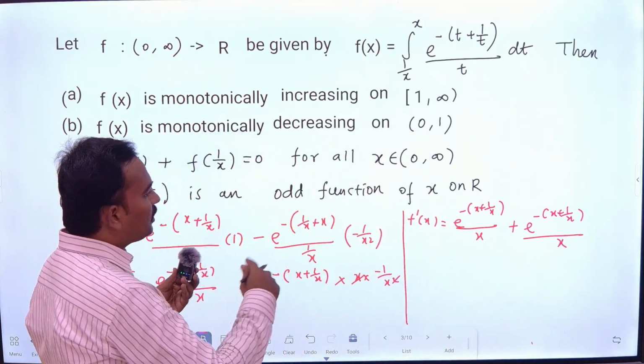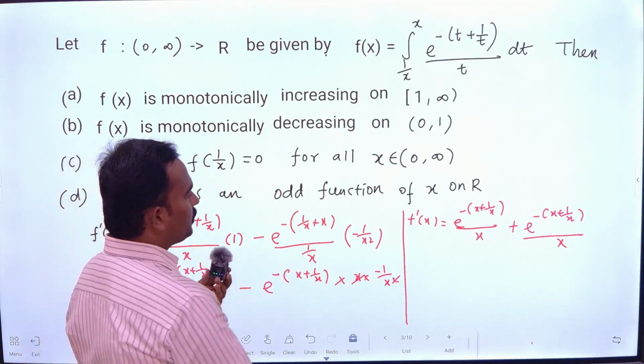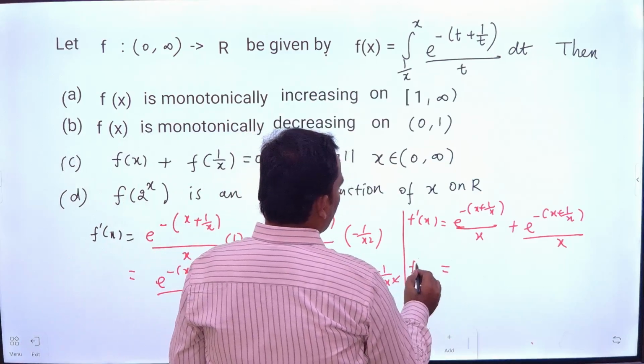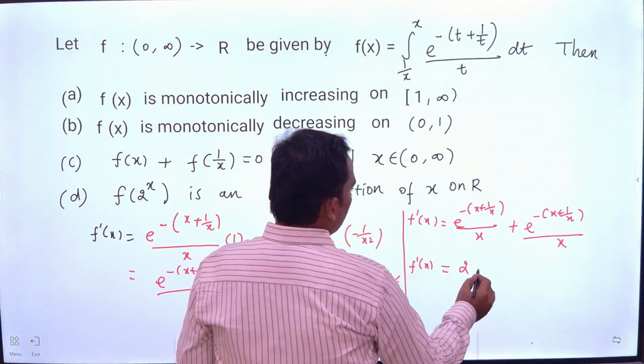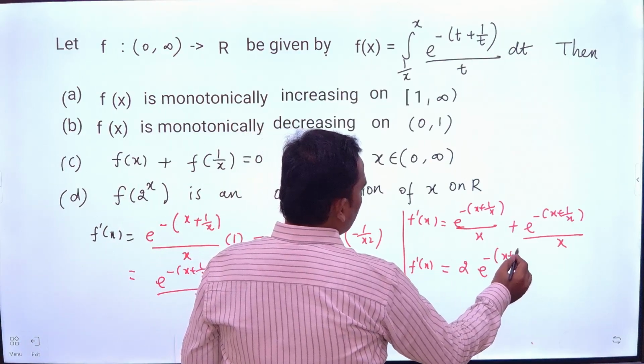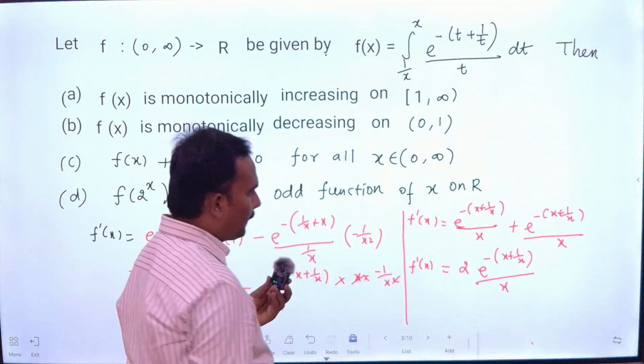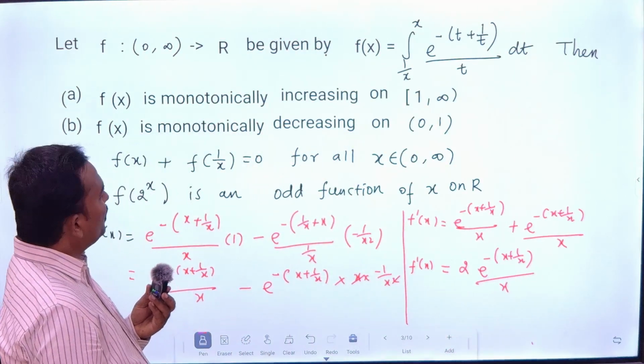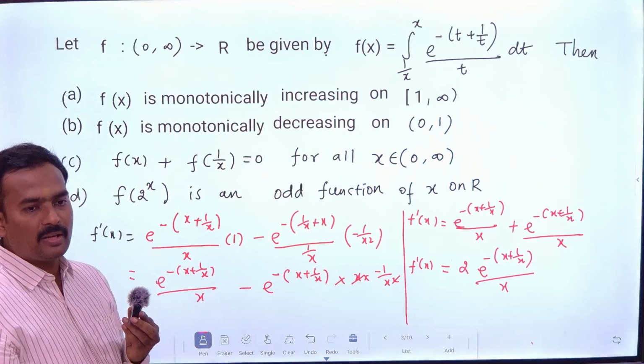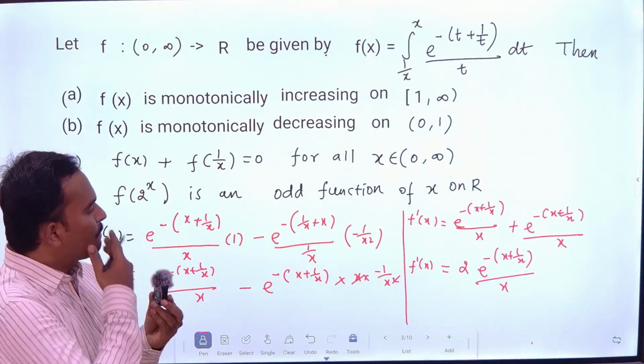Okay, you can see the 2 times is there here in the expression. So therefore f dash of x is equal to 2 times e power minus x plus 1 by x, divided by x. Clear?